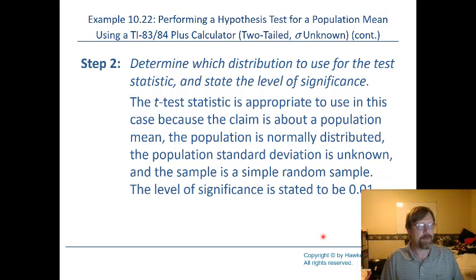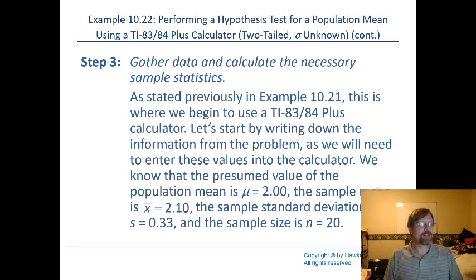It's about a population mean, and we don't know the population standard deviation. The desired level of significance was 0.01 or 99% confidence level. Remember, confidence level plus significance level equals 1. All right, so we get the sample statistics. We've got a presumed mean of 2, sample mean of 2.1, sample standard deviation of 0.33, sample size is 20.